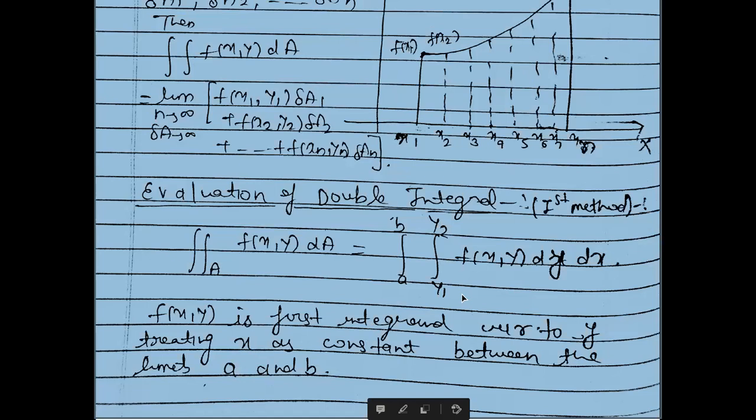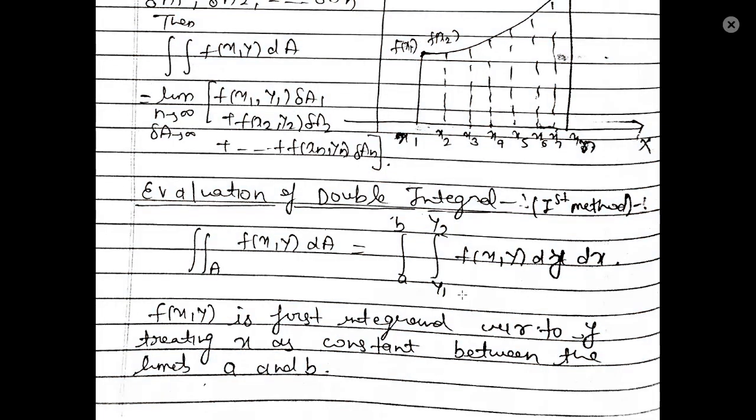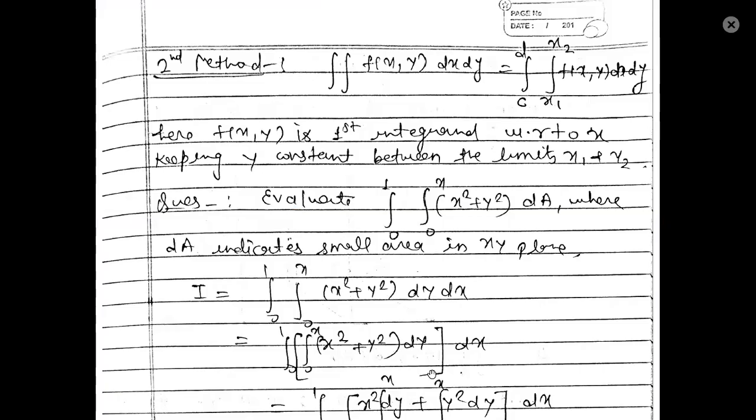Now the second method, right? When we apply our y limit, x will be treated like a constant, and when we apply the x limit, our y will be treated like a constant. Second method: double integration f(x,y) dx dy is equal to integral c to d, integral x1 to x2 of f(x,y) dx dy.